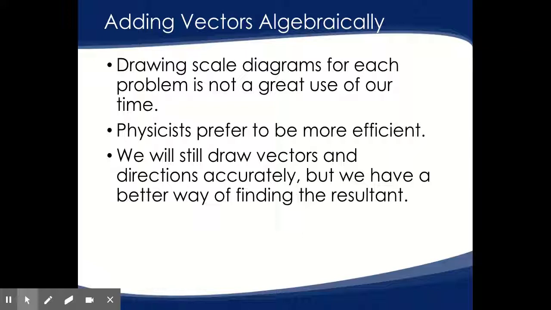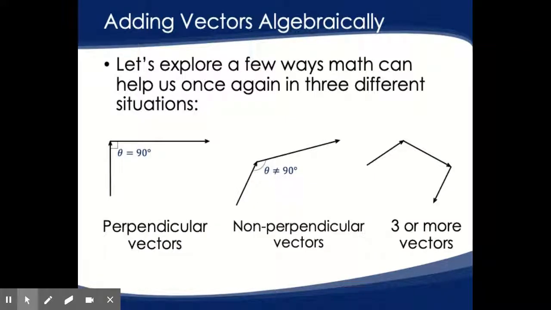But drawing scale diagrams for every single problem is not very efficient. And most of the time, physicists and engineers and anyone else in that kind of career field want to be efficient because your time is important. So we'll still draw vectors and directions accurately, and even with these algebraic problems, you'll still draw your vectors.